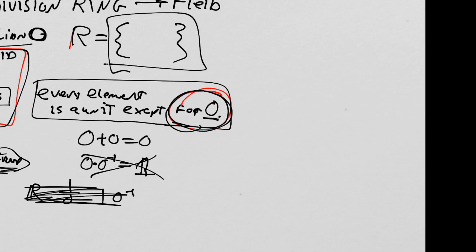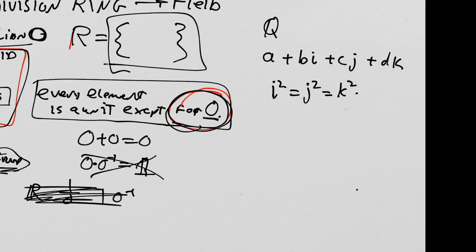The quaternions are the set of all quaternions, where a quaternion is a real number a plus a real number b times this little thing called i, plus a real number c times j, plus a real number d times k, where i squared equals j squared equals k squared equals ijk, which equals -1. It's an expansion on the complex numbers.